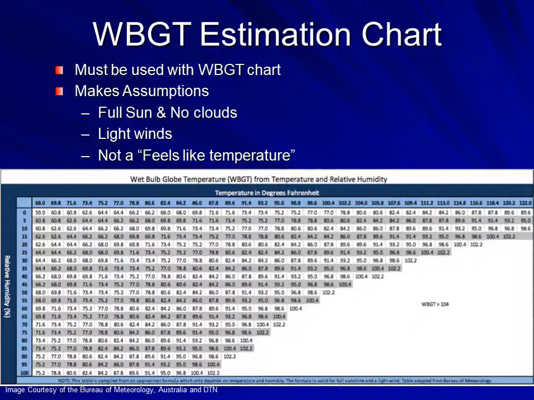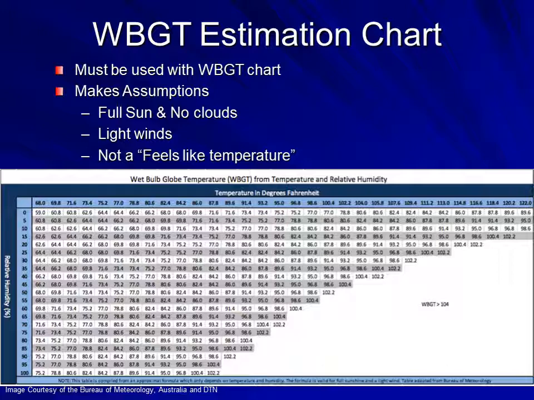However, if a wet bulb globe temperature meter cannot be obtained, an estimation of the wet bulb globe temperature can be calculated by using this chart. It is important to know that the wet bulb globe temperature is not a feels-like temperature like heat index. Therefore, the wet bulb globe temperature may be lower than the actual air temperature or heat index.